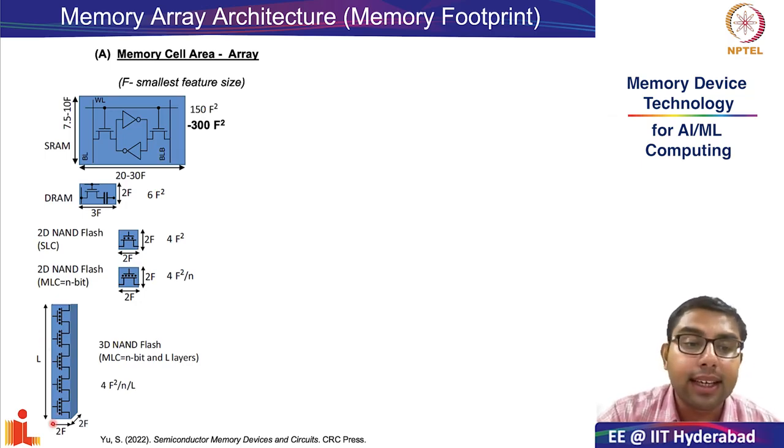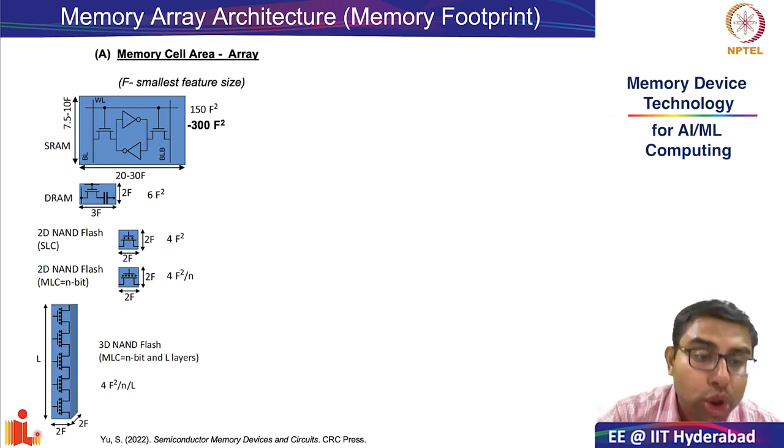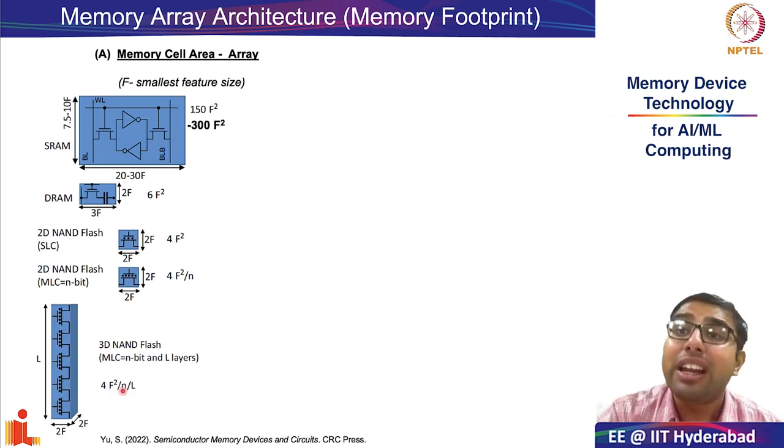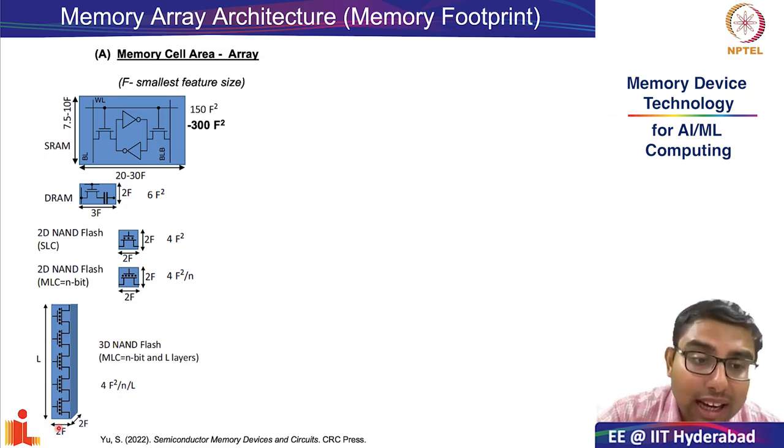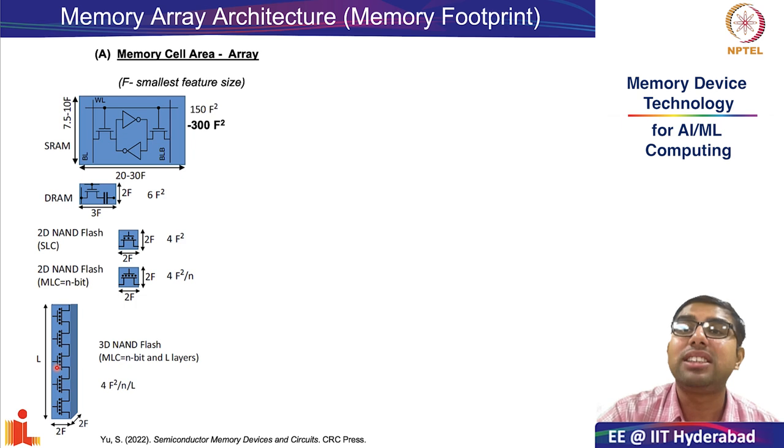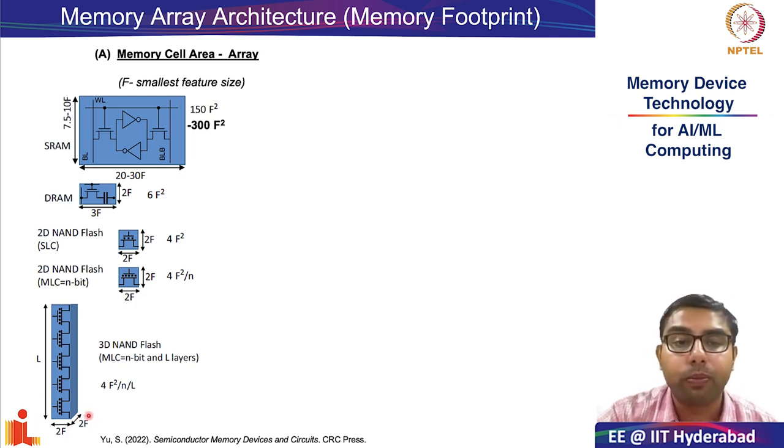Therefore, the bit density further improves to 4f squared, the size of this cell, divided by n, the number of bits stored in each cell, divided by L, because now you are stacking L such cells within 4f squared areal density.